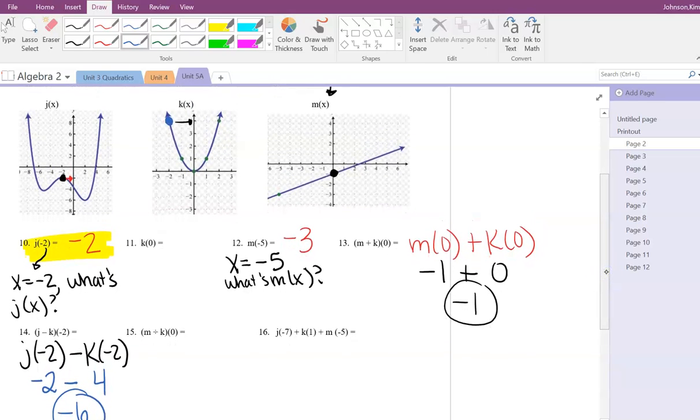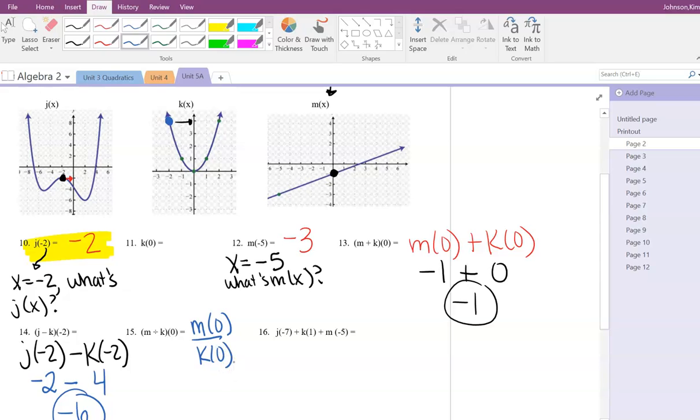Okay, I'm going to let you go ahead and pause the video, see if you can figure out number 15 before I go through it. So pause it, see if you can find m of 0 divided by k of 0. All right, hopefully you split this into m of 0 divided by k of 0.